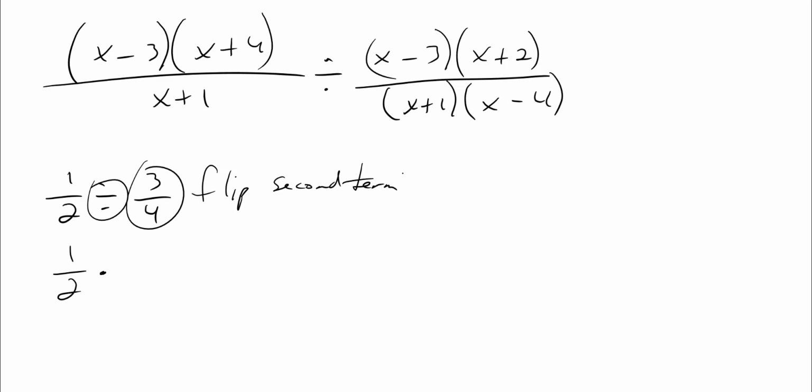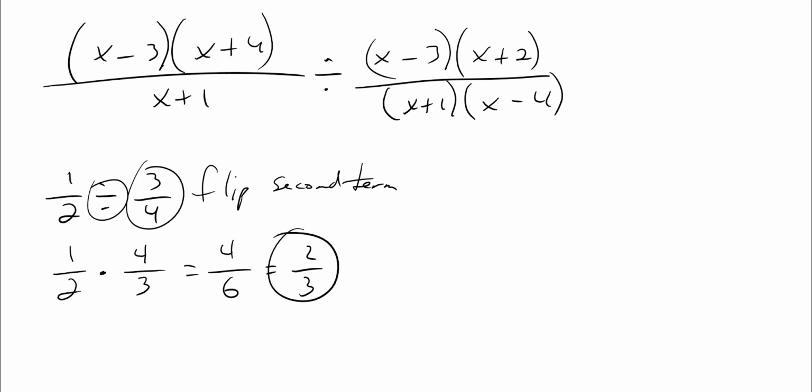So it's 1/2 times 4/3. You would get 4 over 6, and if you reduce that, you can put it in your calculator, I don't care, and you get 2/3. So that's the answer. That's the only difference between multiplication and division: you change division to multiplication, and you flip the second term.